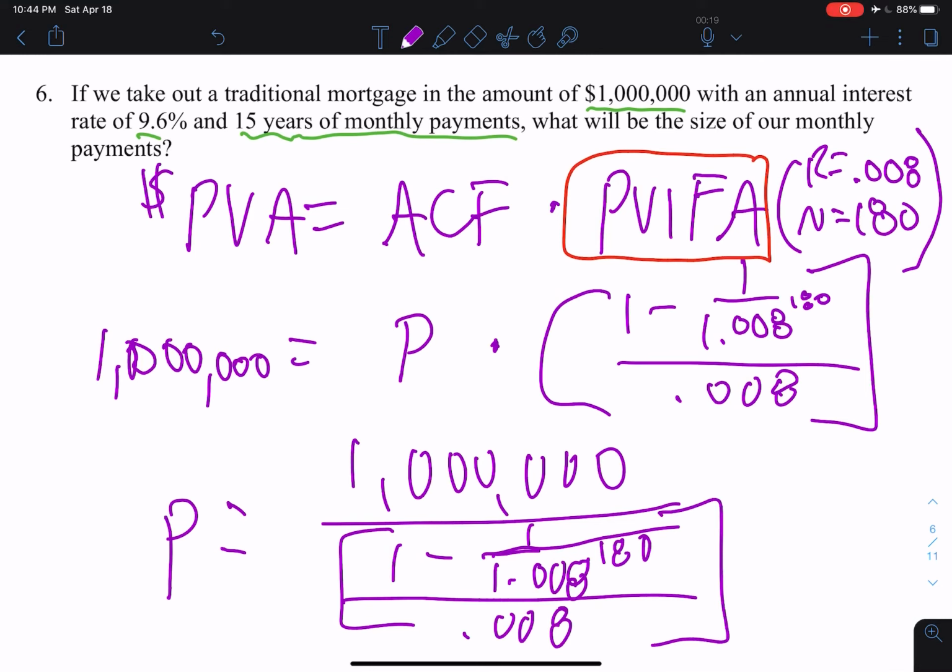And again, be careful when you are calculating. Be careful when you're doing these calculations on your calculator.